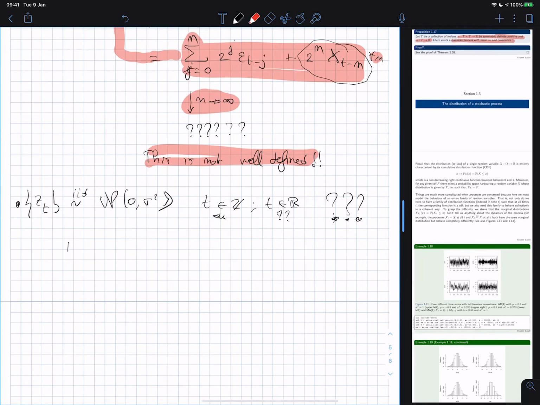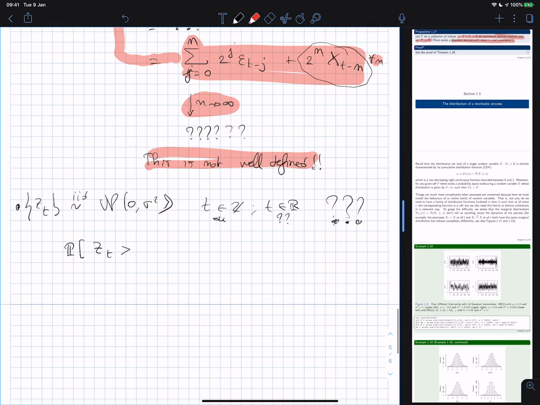For example, if we want to know the probability that Z_t is greater than 3 for all t, no, maybe let's ask something a bit smarter. Let's define, so you're looking at a process which interests you, and you look at tau, the infimum over all t's such that Z_t belongs to [5, 7], for example.